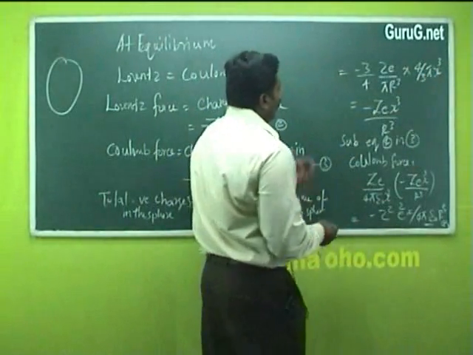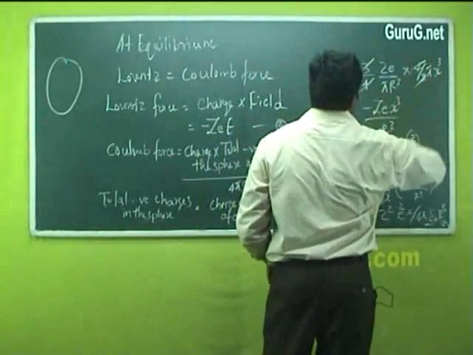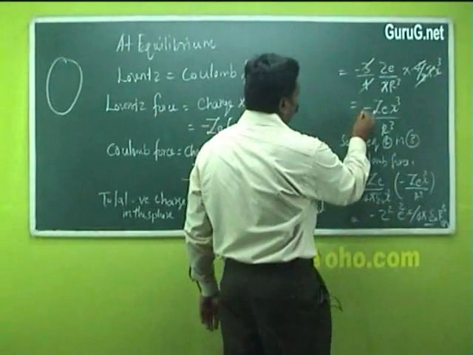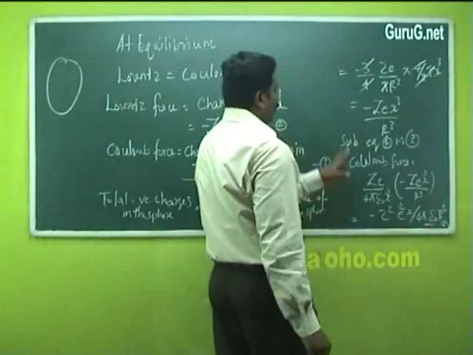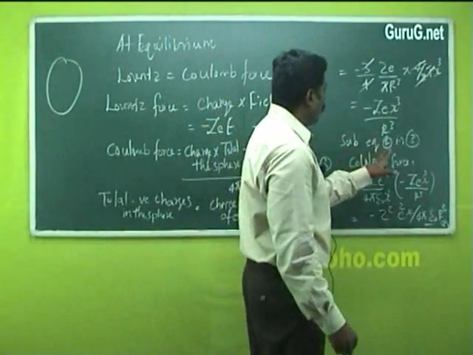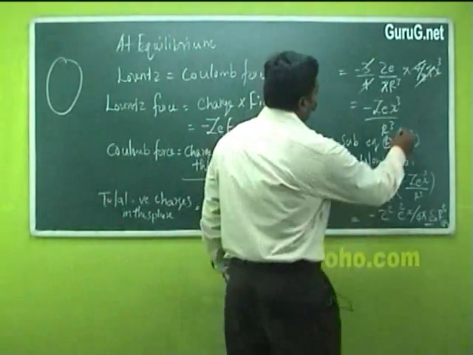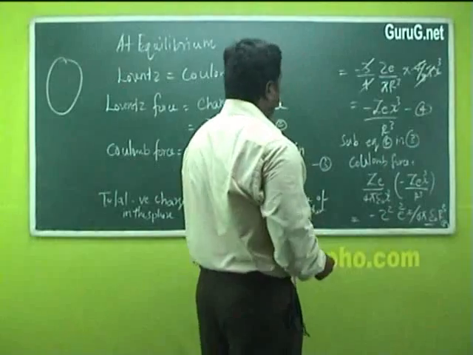On simplifying, the 3 cancels, the 4 and 4 cancel, and pi cancels. Therefore we get minus ZE x cube divided by r cube. Put this as equation number 4, substituting equation 4 in equation 3.